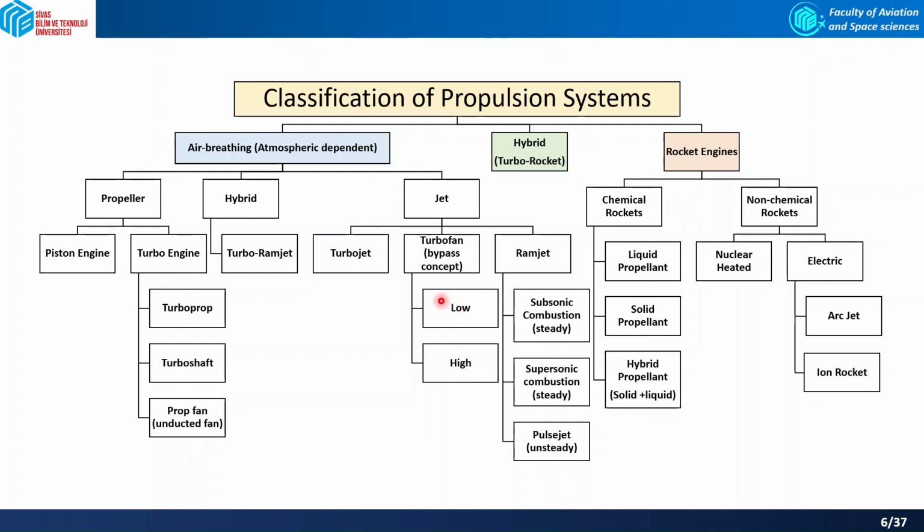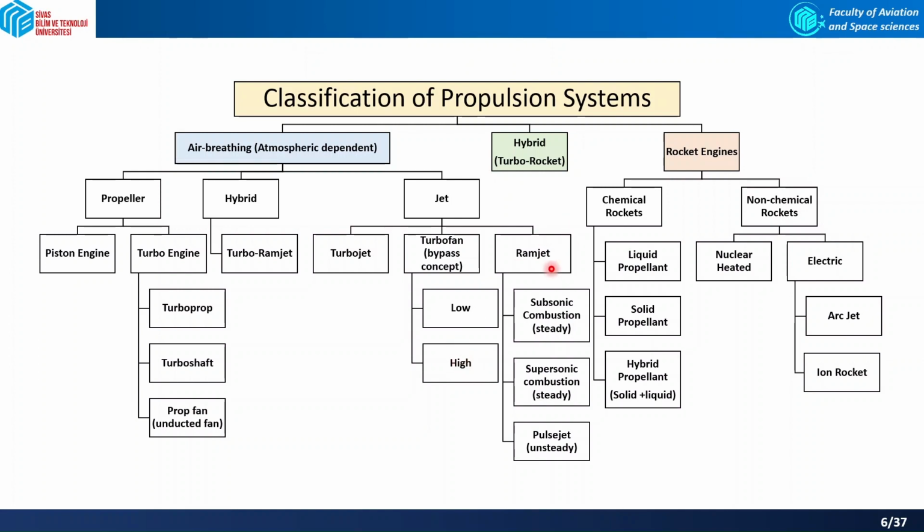Low bypass turbofan means a turbofan where the amount of bypass air is low, and the high bypass turbofan is where the amount of bypass is high, depending on the flow that is going inside the jet engine and will be burnt with the fuel.